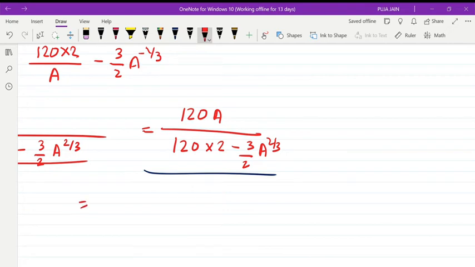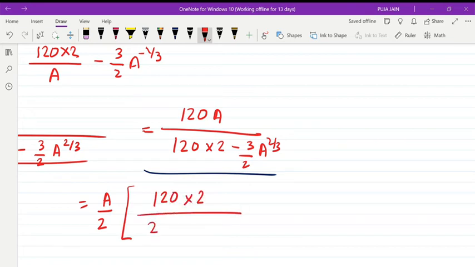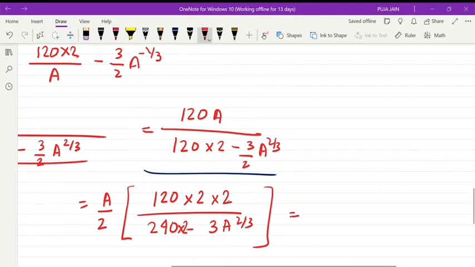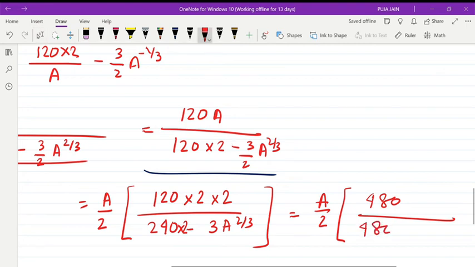So if I take A by 2 common, 120 into 2 balances out, 240 minus 3 A to the power 2/3, again into 2 if I am doing this, and this 2 will come here. So now we are getting A by 2 times 480 by (480 minus 3 A to the power 2/3).